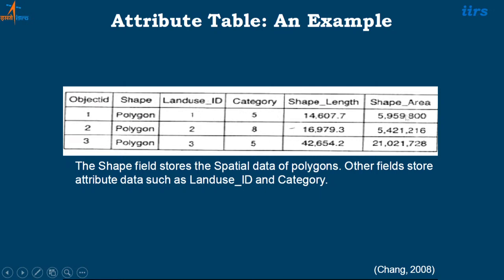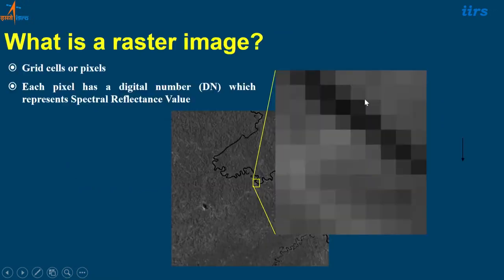So this is one polygon, and it has 4 attributes: land use ID, category, shape length, and shape area. The shape field stores the spatial data of the polygon. Other fields store the attributes such as land use, category, length, or area.